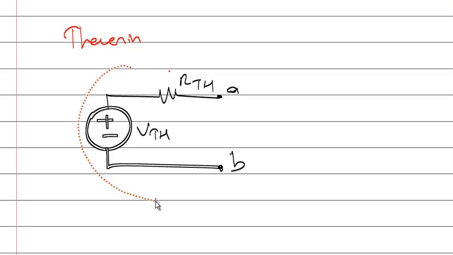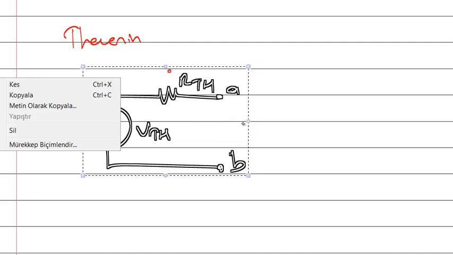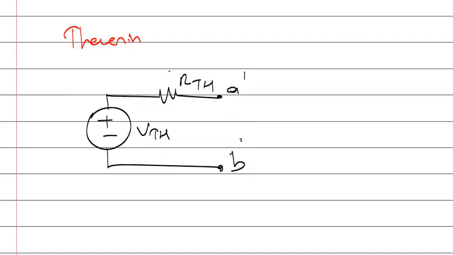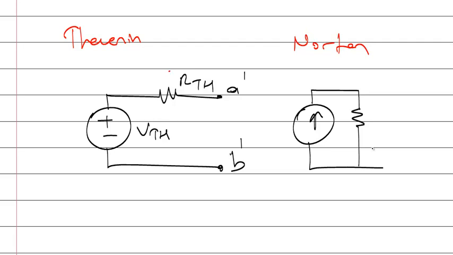or let me say A prime, B prime. Or remember the Norton. You can draw a Norton equivalent for any circuit, A double prime, B double prime, I Norton, R Norton.